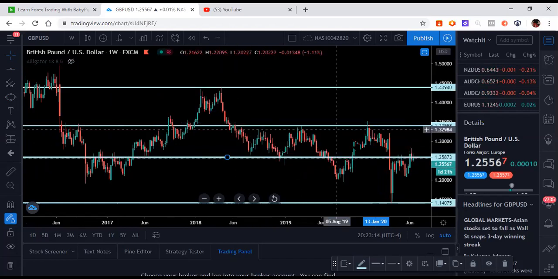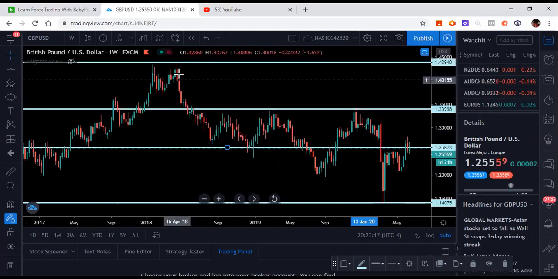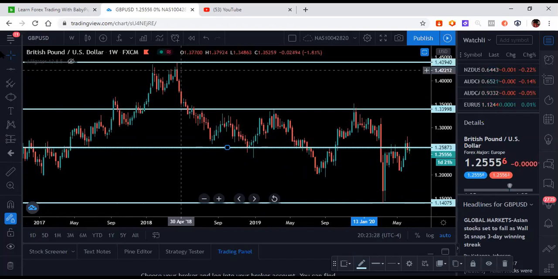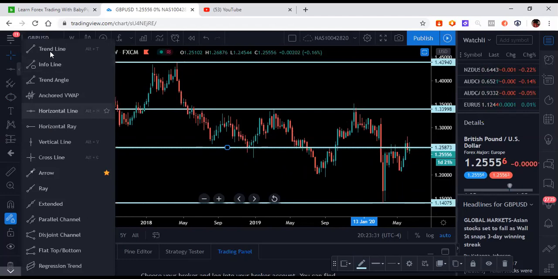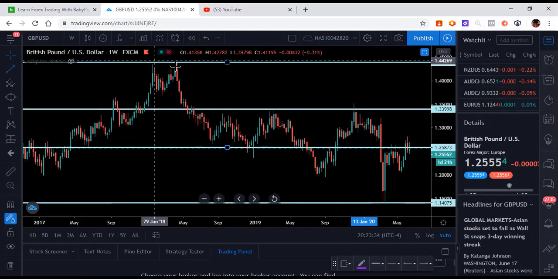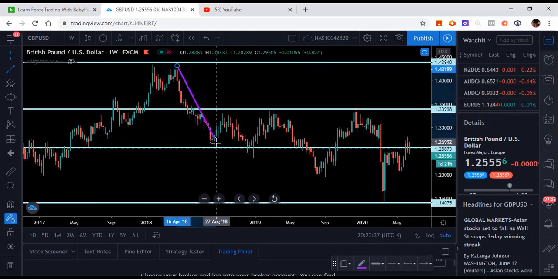In a downtrend, what should be the first word I should see first? Low, right? So I should have a lower high, lower high.